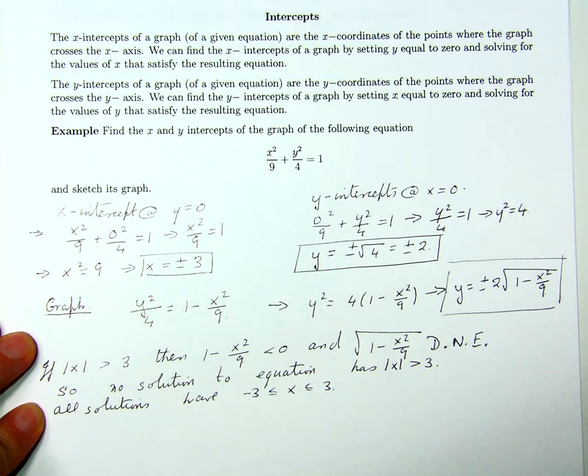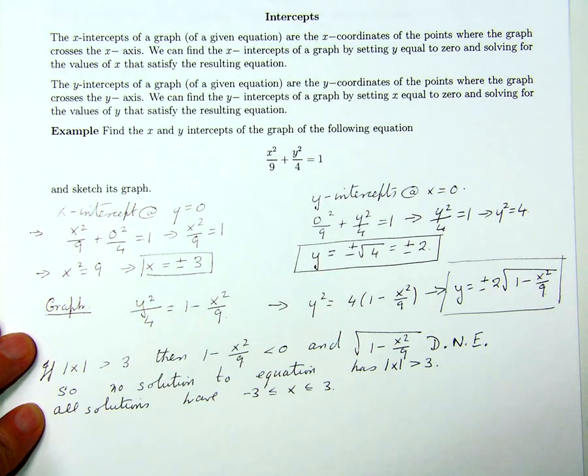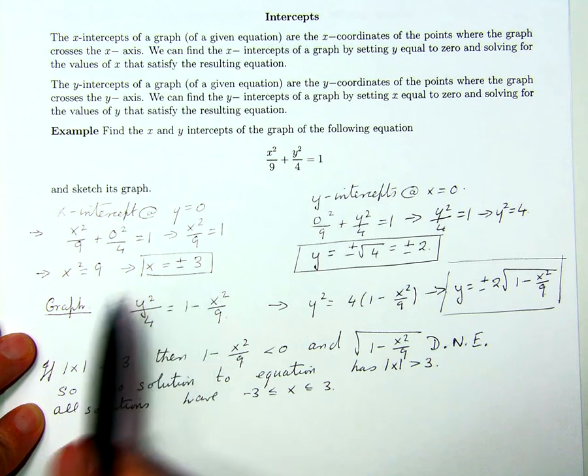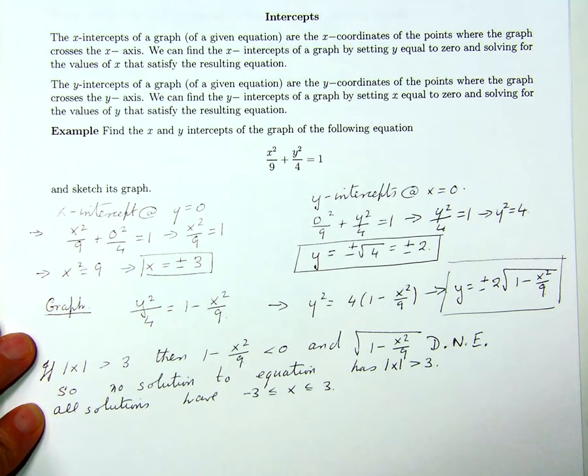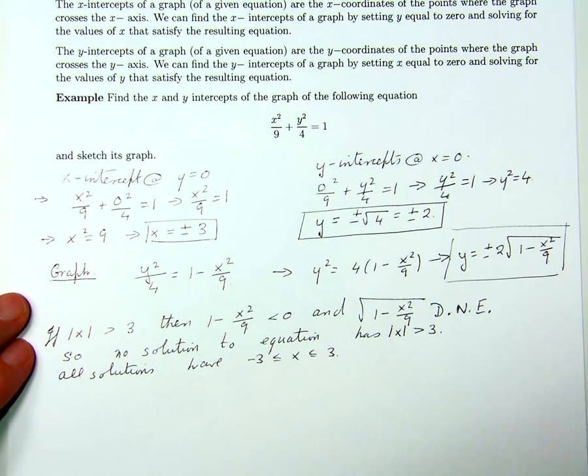Now we know there is a solution with x equal to plus and minus 3. Two solutions: x equals plus 3, 0 is a solution, and x equals minus 3, 0 is also a solution, because these are the x-intercepts of the graph. So the graph of this is concentrated between the x values minus 3 and 3.